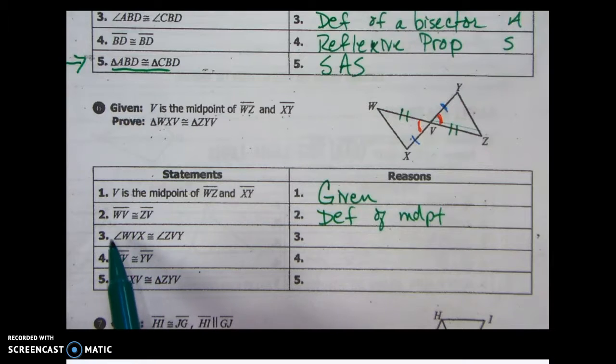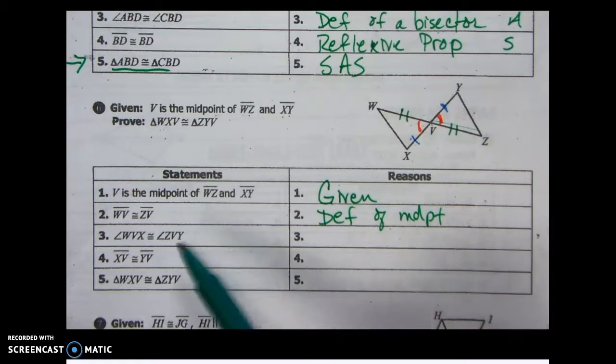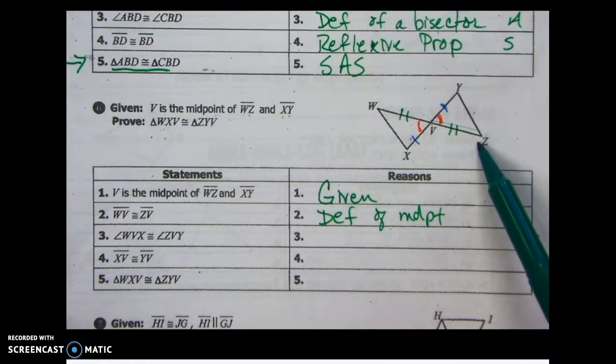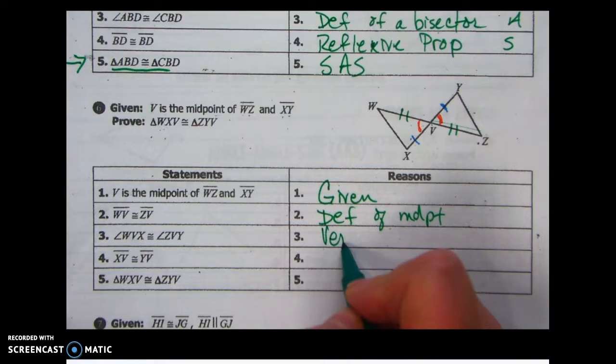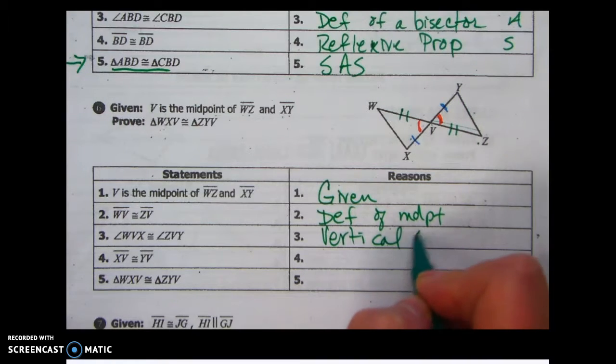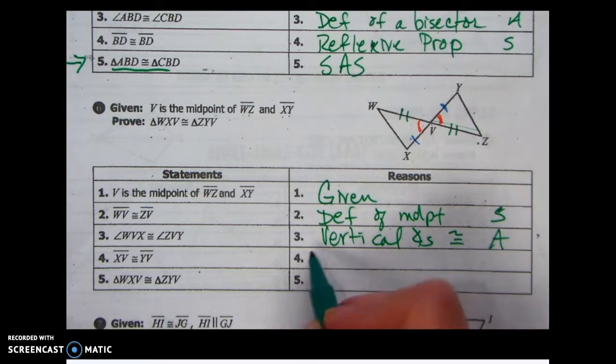Okay, and then we have angle WVX is congruent to angle ZVY, and that's by vertical angles. So we have our vertical angles are congruent. Then we use the other side. So this is set up nicely to show that we have a side, and then an angle, and then here's the second side.